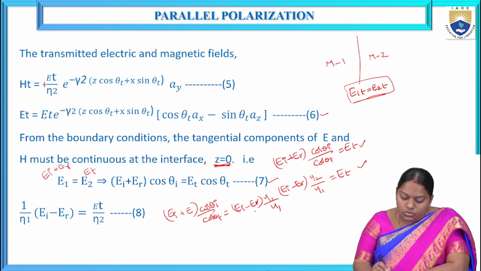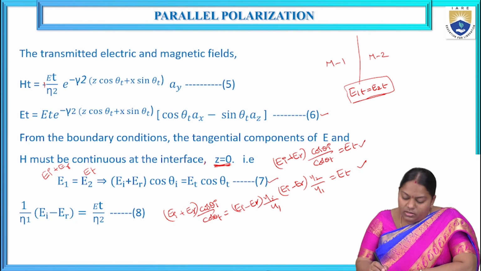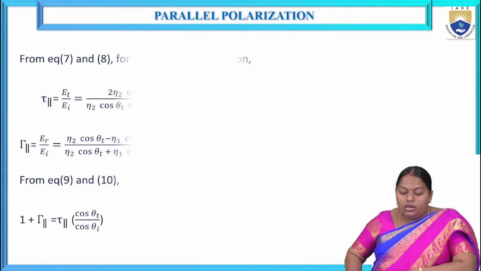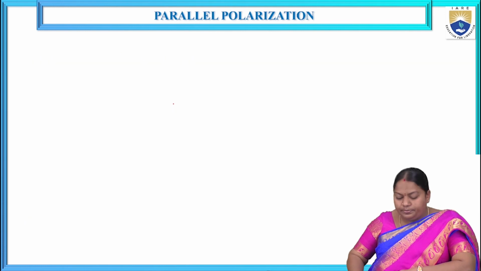Upon simplification, if you take this term to this side, it becomes eta 1 cos theta T, eta 2 cos theta I. If you simplify this equation, we get tau parallel, the transmission coefficient for parallel polarization, which is nothing but Et by Ei equal to 2 eta 2 cos theta T by eta 2 cos theta T plus eta 1 cos theta I.